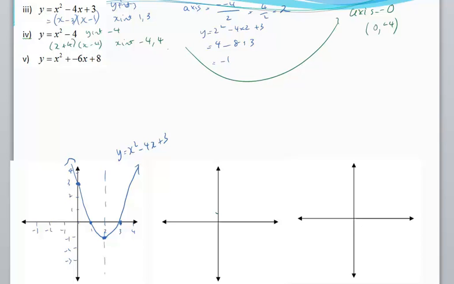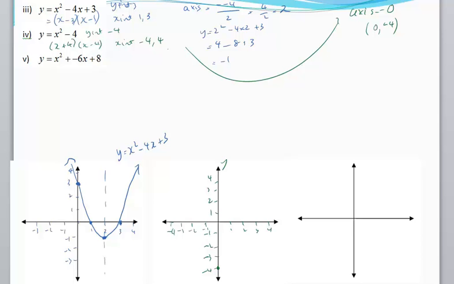So we draw in our scale 1, 2, 3, 4, minus 1, minus 2, minus 3, minus 4. So here our y-intercept is at minus 4, so we're cutting through here at minus 4.